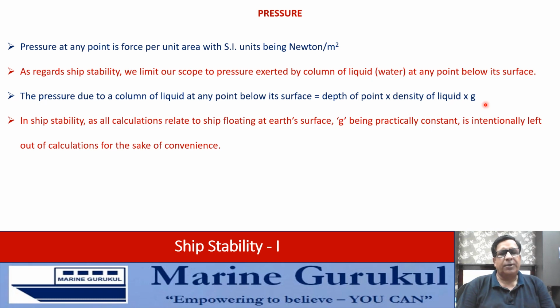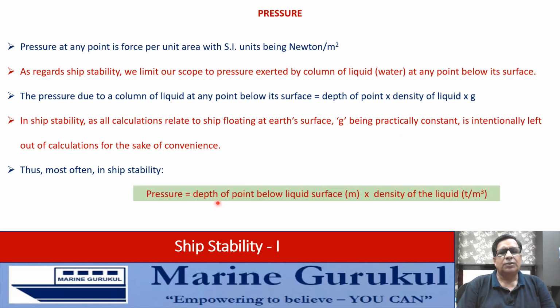So this g, because it practically remains constant and is part of every calculation of the pressure, is intentionally kept aside. It's not neglected, it's not forgotten, it's just kept aside for the sake of easy calculations. So if we keep the g aside, then as far as ship stability is concerned, pressure becomes depth of the point below the liquid surface in meters multiplied by the density of the liquid, which we take in tons per cubic meter.